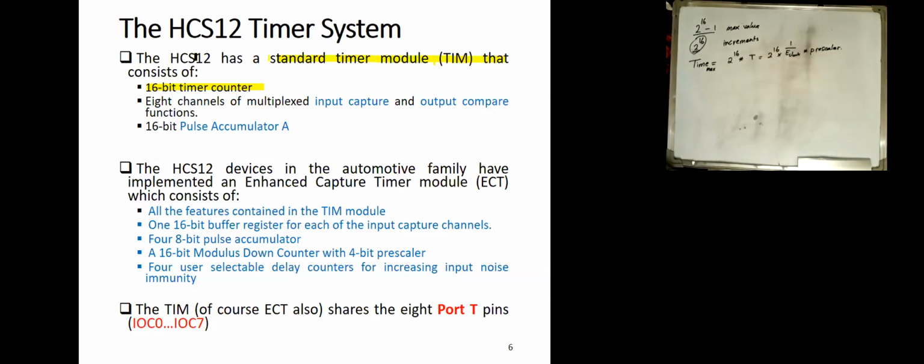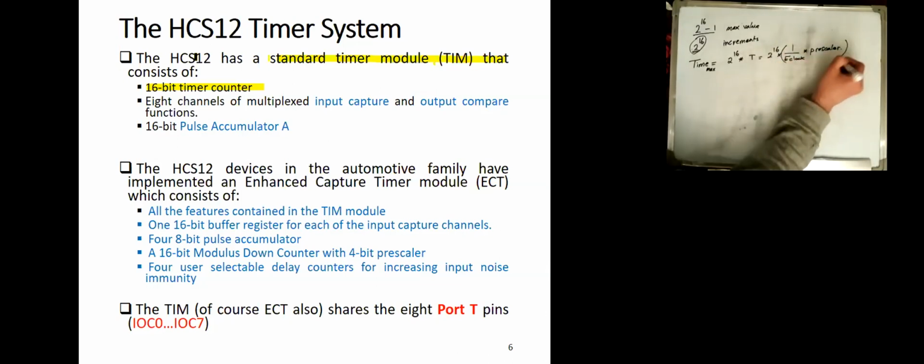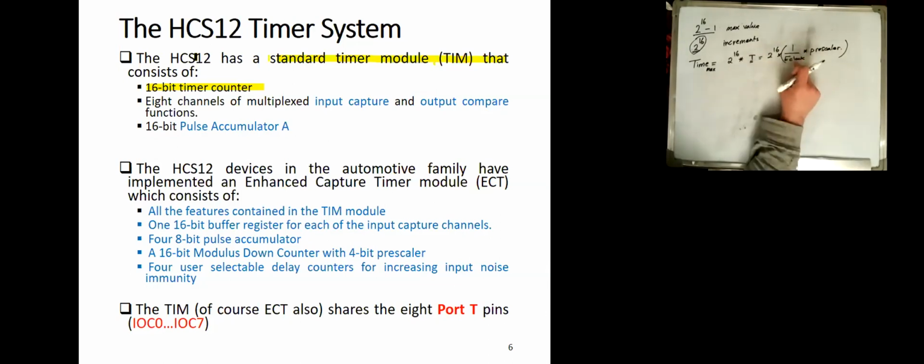Similar to the case which we saw in the A to D converter, the real-time interrupt, and the SCI modules, we can always scale the clock. So this is the period of the timer, which is basically the E clock scaled by some value. This scale value could be 1.